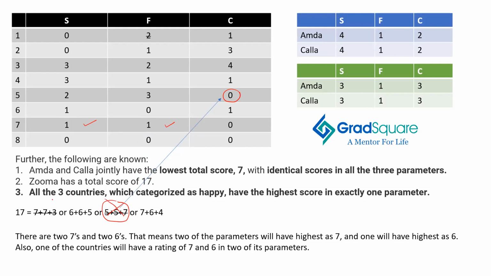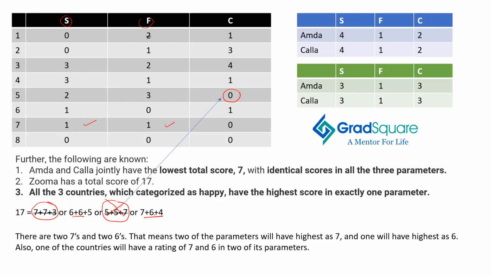Then you have a 7, 7 and 3. The case of a 7, 7, 3 is definitely not possible. Why? Because if you take 7, 7, 3, one of the countries will have for Social Security as well as freedom of choices, both of them the highest, which is not possible, because each country among those 3 should have exactly 1 parameter. So these 2 are gone. So we are left with 665 and 764.